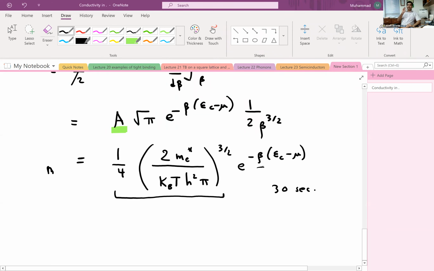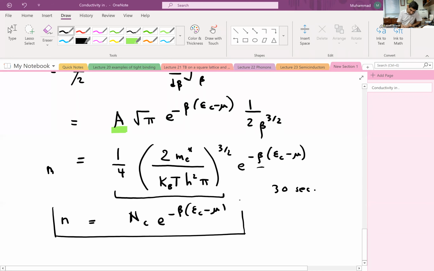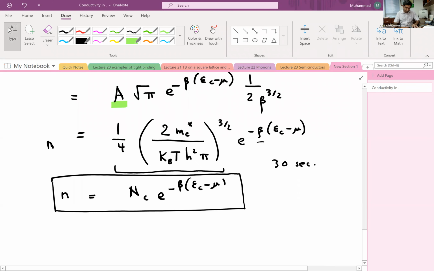So the variation of n will be more pronounced because of the exponential factor, because exponentials vary faster as compared to polynomials or negative powers of T. So let's replace all of this with, let's call it, Nc e to the minus beta. I'm calling this factor Nc.